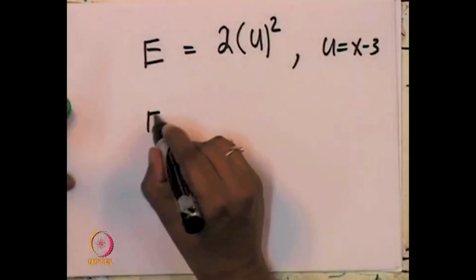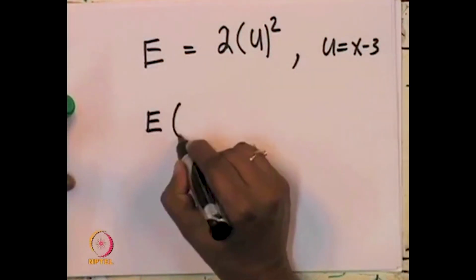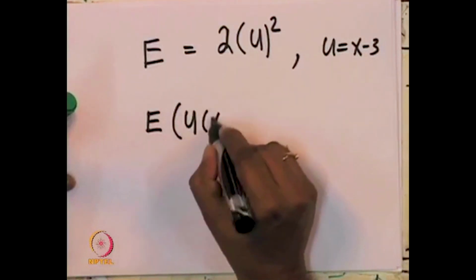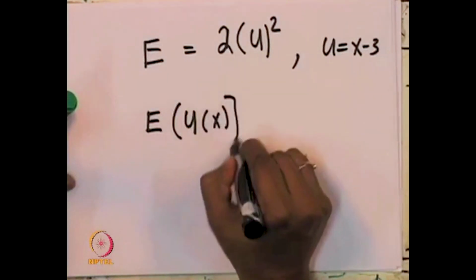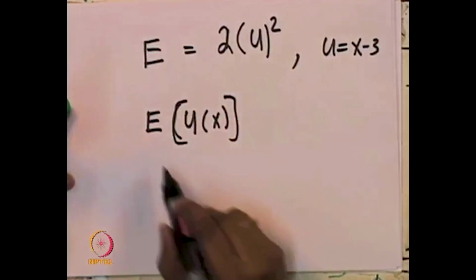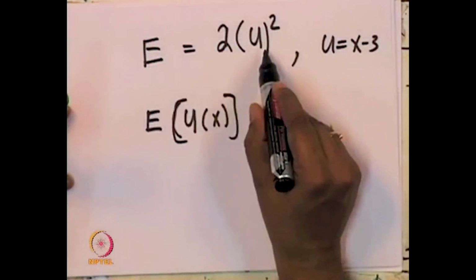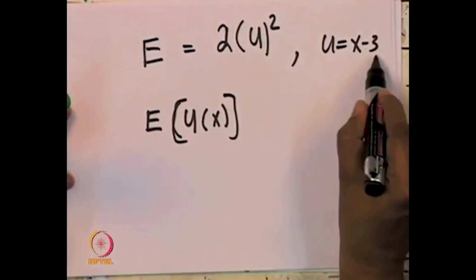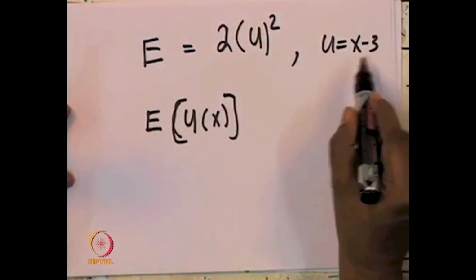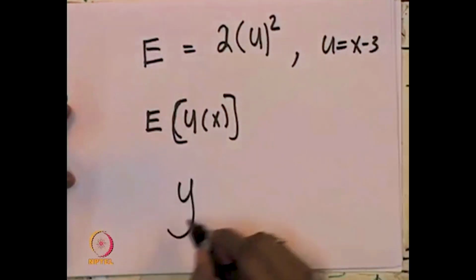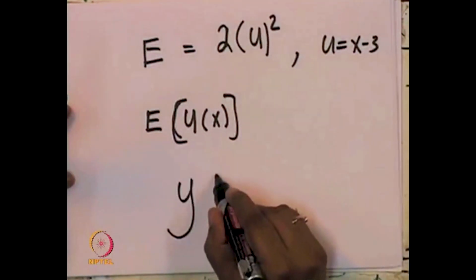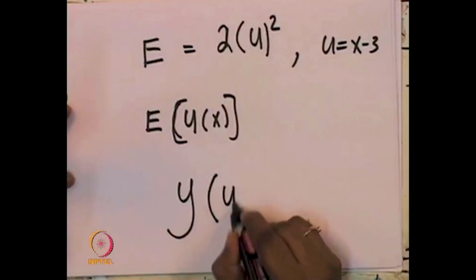So energy is a function of u, which is a function of x. Energy is 2u square, and u itself is a function of x. So you have y as a function of u, which is a function of x.